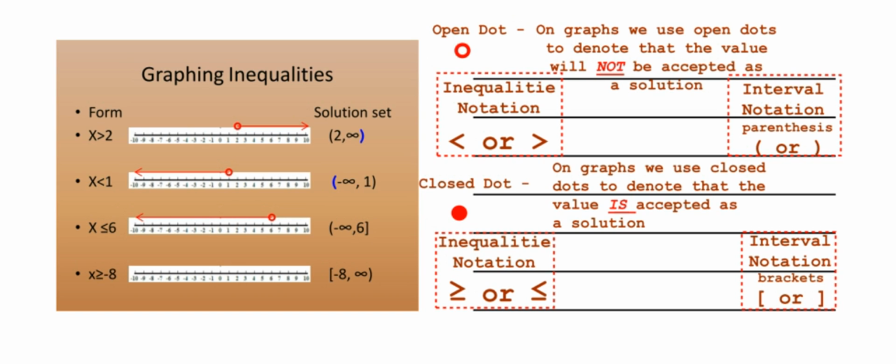Anything bigger, or towards the right, would not be acceptable as a solution. Once again, it goes to negative infinity, so negative infinity takes a parenthesis. 6 takes a bracket because 6 is an acceptable solution. Do remember, we have to have a closed dot on our graph there. Just a reminder, put a closed dot.